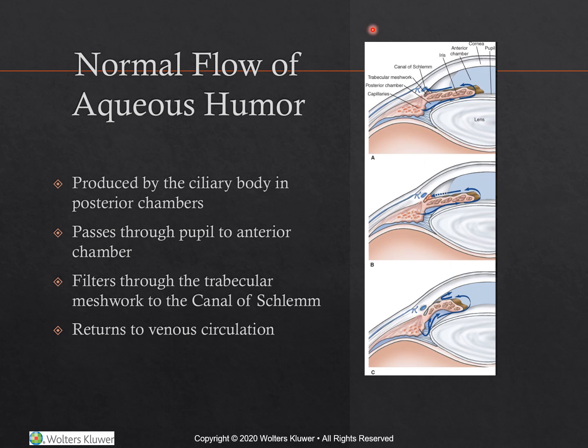And C shows a picture of a closed angle obstruction, where that normal angle heading into the trabecular meshwork becomes occluded. So it's obstructed, usually caused by changes in the pupillary dilation. And we'll talk about both of those, open angle and closed angle closures, when we discuss glaucoma.